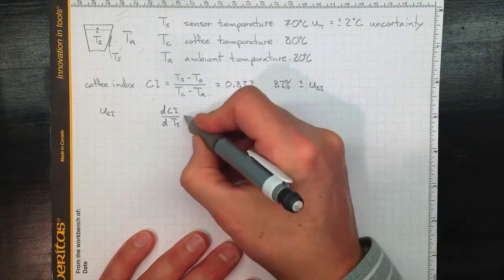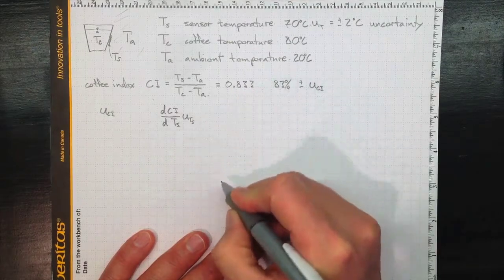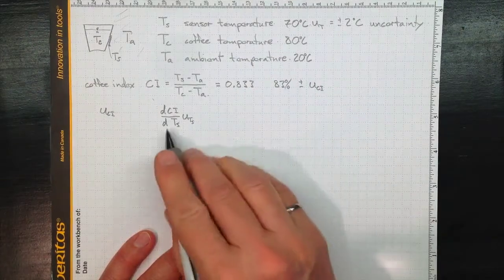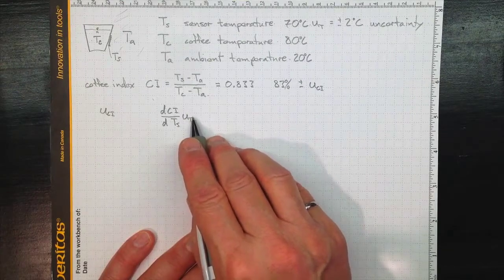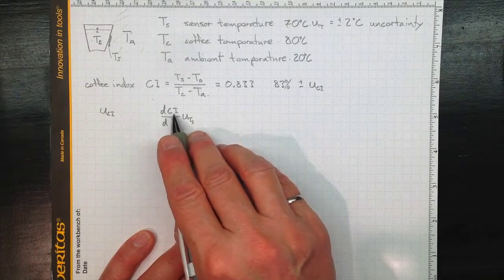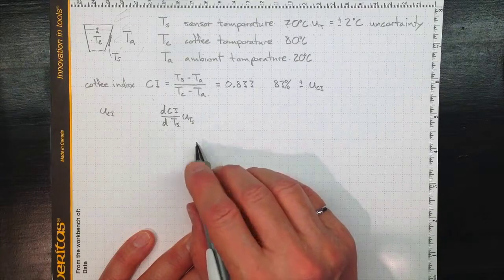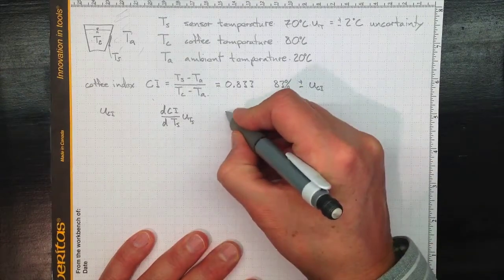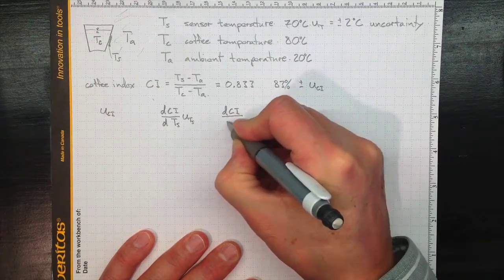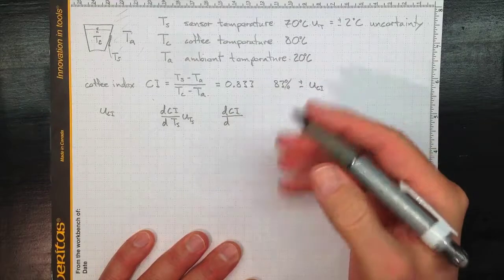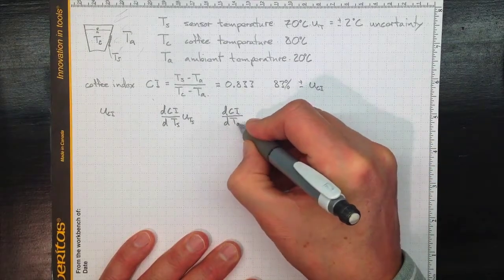And if I multiply that by the uncertainty that I have in my sensor temperature, then that's how big a change I'll see for that uncertainty in TS, because this is going to be the change in the coffee index due to that uncertainty in TS. Likewise, I'll have a term related to how the coffee index changes if I change the ambient temperature, dCi dTA.